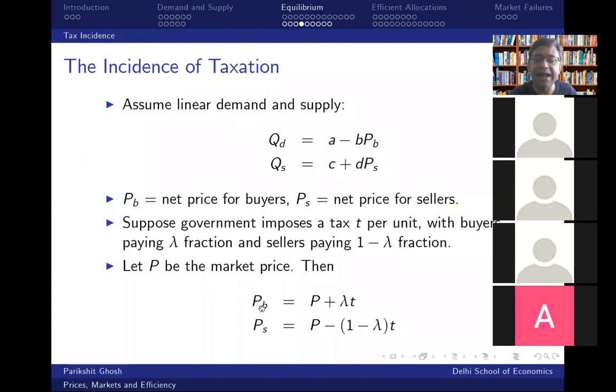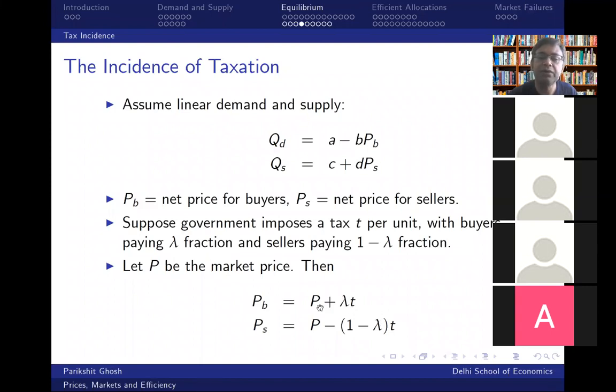So what is PB, the net price for buyers? Well, it's the price that they pay plus their share of the taxes that they have to pay on top of that, right? So that's the effective price for them. Whereas for sellers, it's the price that buyers give them, minus whatever share the seller has to pay of the tax. Yes, so that's 1 minus lambda fraction of the T. Is it clear to everyone so far?